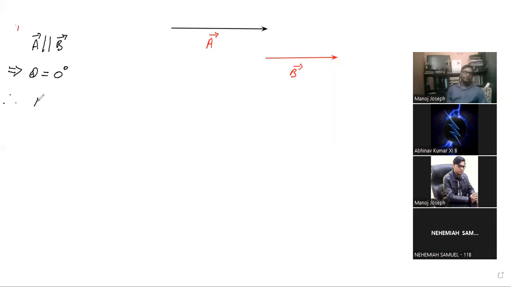So their dot product will be vector A dot vector B is equal to the product of the magnitude of vector A and the magnitude of vector B with the cosine of the angle between them.